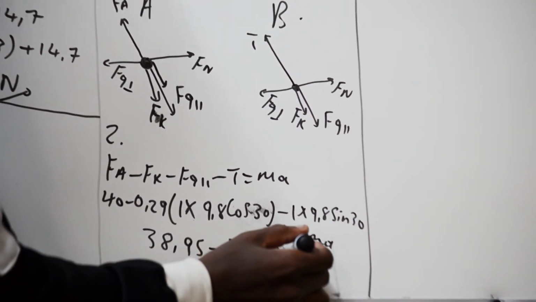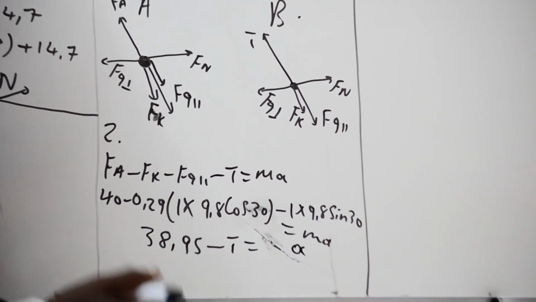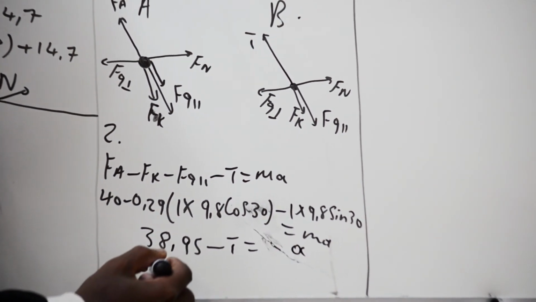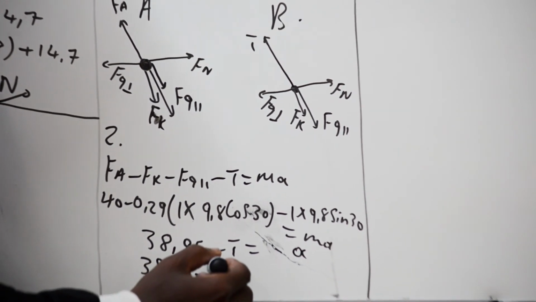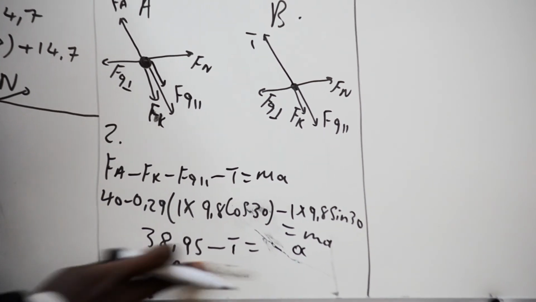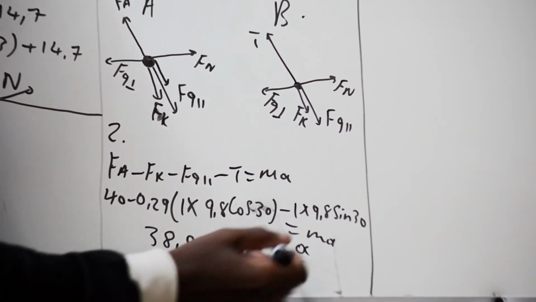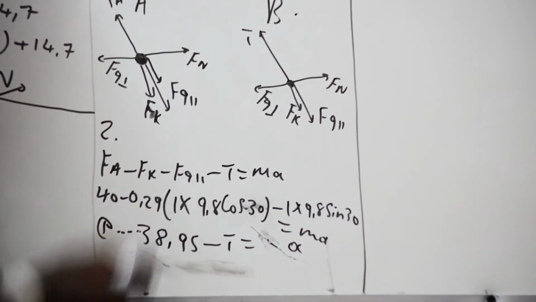So tension and my acceleration. So I'll have 38.95 minus T equal to A. Let me leave it here because there's no need for division. This is my equation 1. A is equal to something.